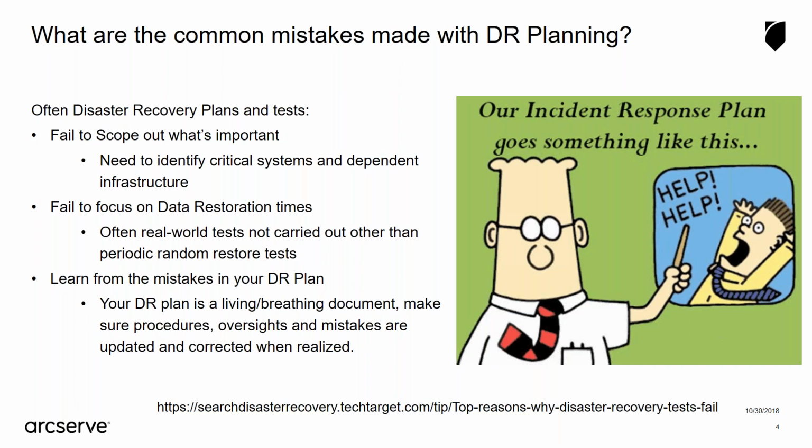And often when plans are being created, identifying the most critical systems and the infrastructure that's dependent to run those systems is key. It's all very well backing up a server and being able to test it, but if you don't have the networking resilience and the SAN resilience and the server resilience and everything in place, then it's like a domino effect. One piece of the cog can let you down.